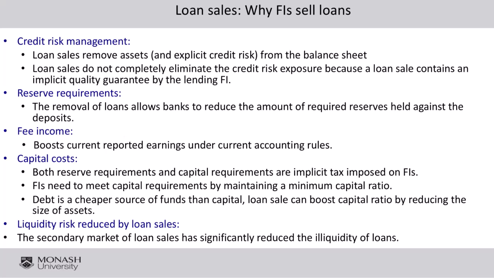Capital cost is also related because capital is a percentage of the assets. If I decrease the assets, I can decrease the capital. And therefore, my obligation to hold a big capital in the bank can be decreased when I do loan sales.